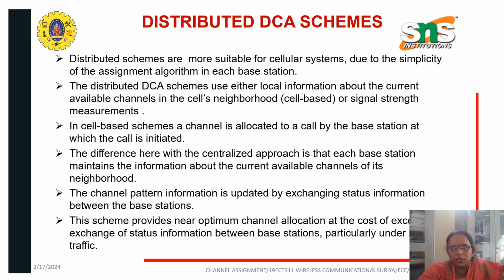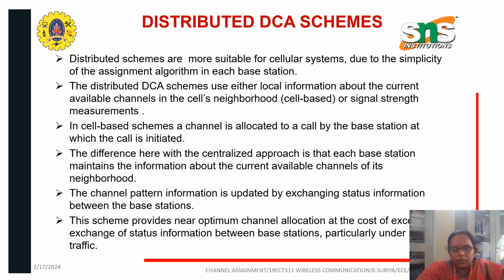Whereas in a distributed dynamic channel allocation scheme, it is not a centralized one, it is a local channel assignment. So here the channels will be assigned by the base stations. The base station will collect the information about the available channels from all the neighboring cells.